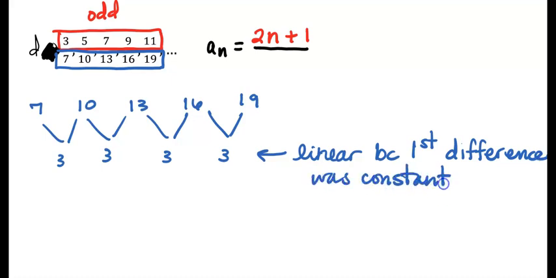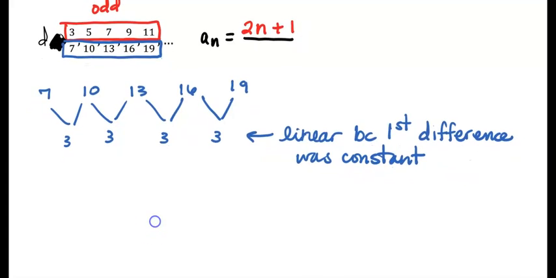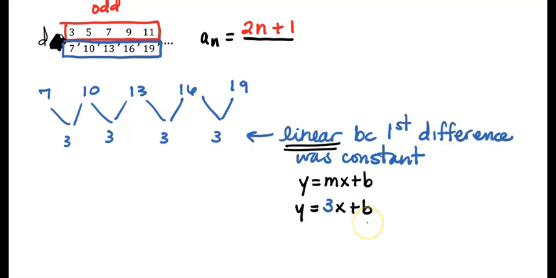So if the sequence is linear, that means that we could write an expression for the sequence. It should look like mx plus b. Just thinking about a line, I will shift it eventually back to n's and sequences, but it should look like mx plus b. We had a constant slope of 3 throughout those differences. Let's see if we can figure out what the y-intercept of that line would be. Where did that line start at?